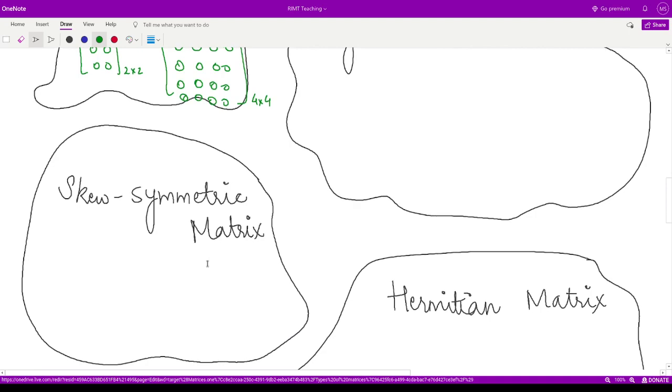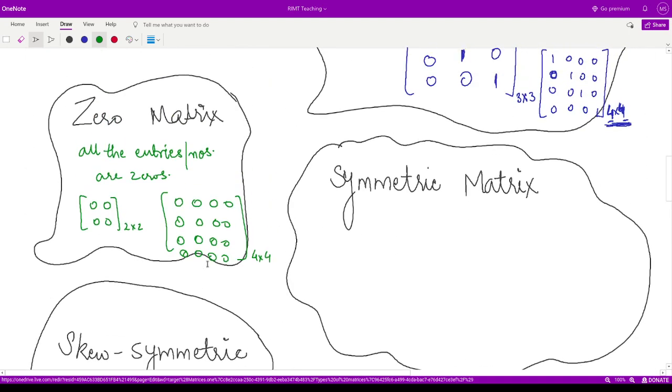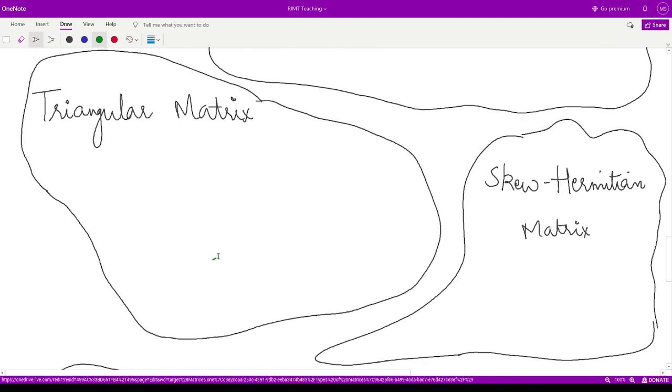Okay. Now we have another classification also, which is known as the triangular matrix. So let us first of all see what a triangular matrix is. It is quite obvious from the name that, suppose I am taking a 3 cross 3 matrix.